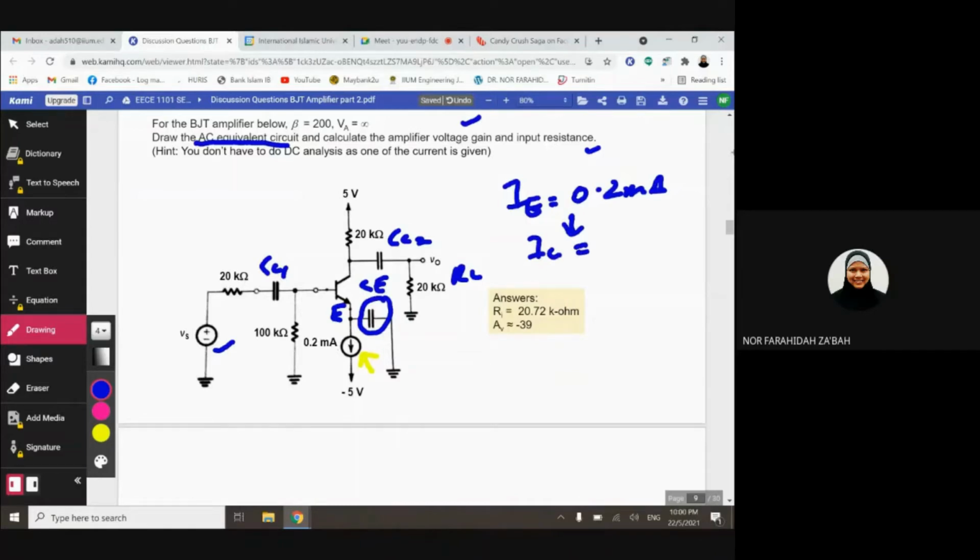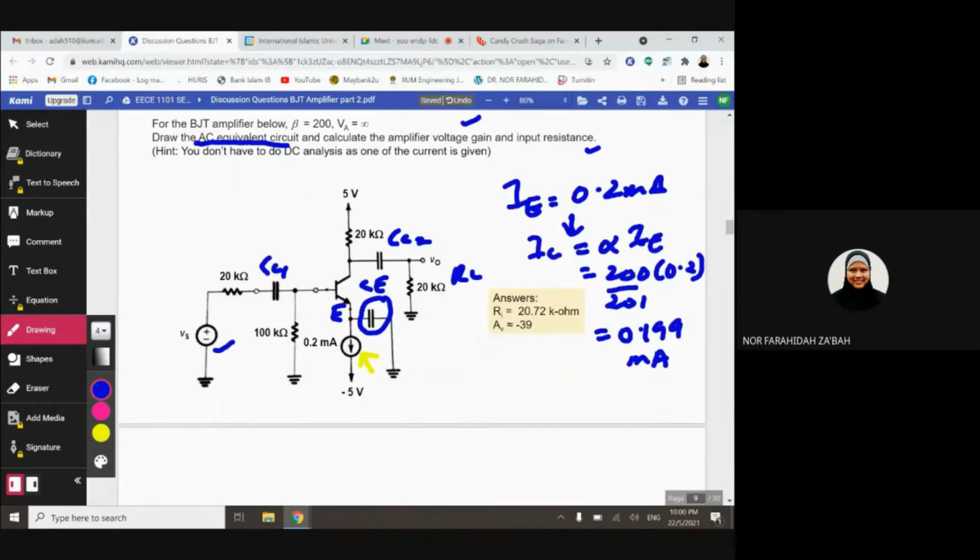IC is equivalent to alpha IE, right? And alpha you can calculate using beta, which means 200 over 201 multiplied with 0.2. So IC is equivalent to 0.199 milliampere. Now that you get your IC, you can calculate your r pi, gm, and r naught.